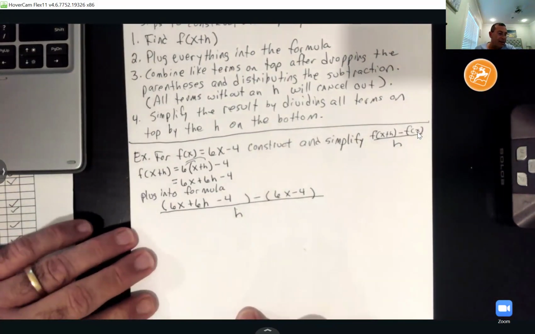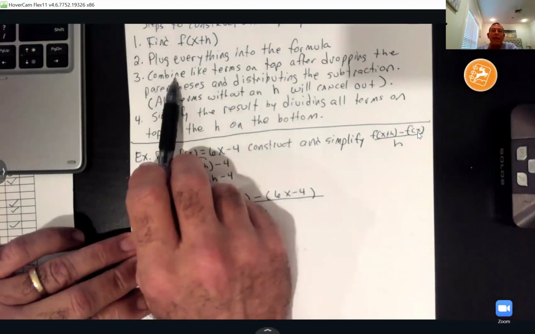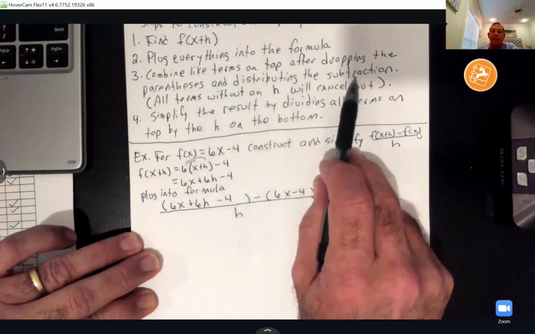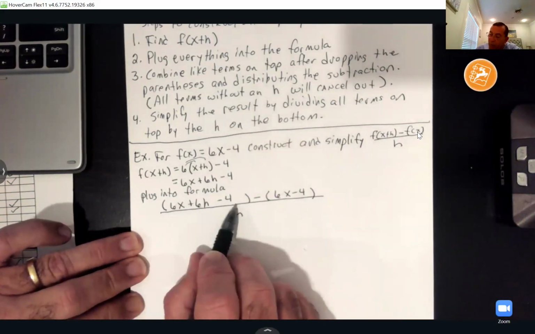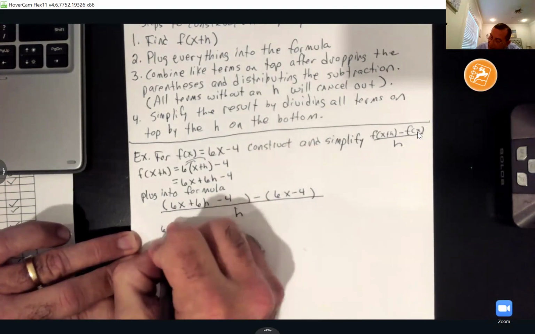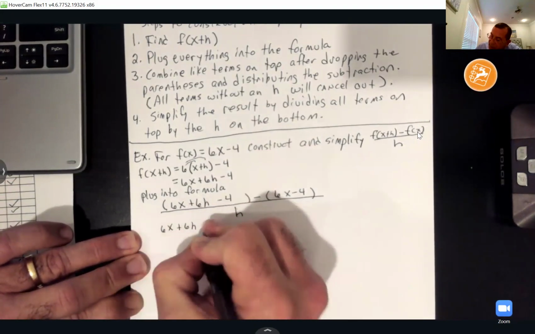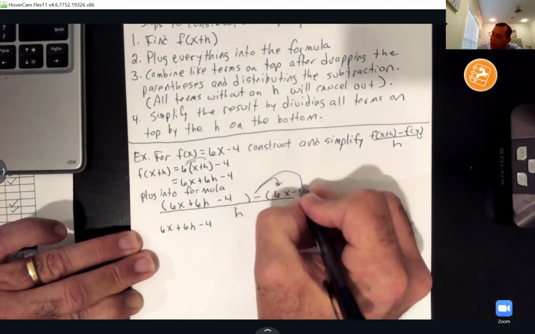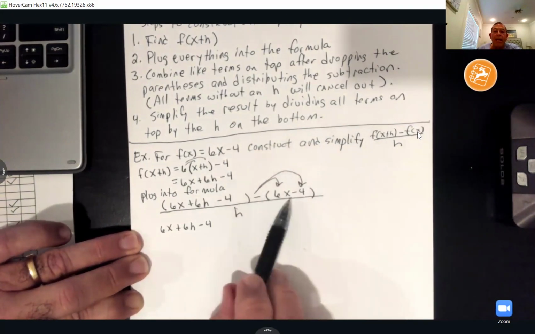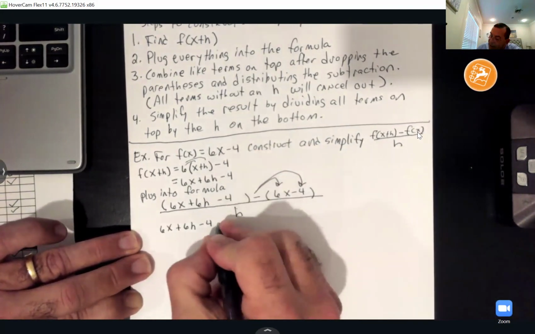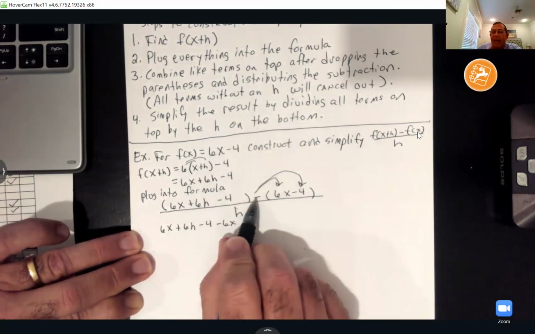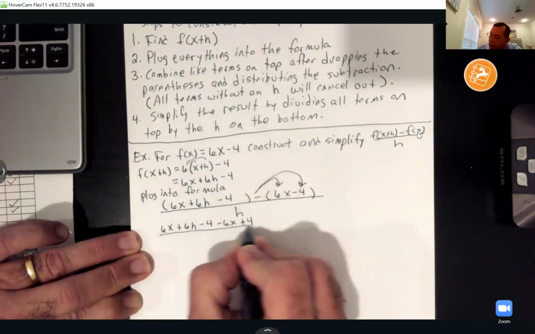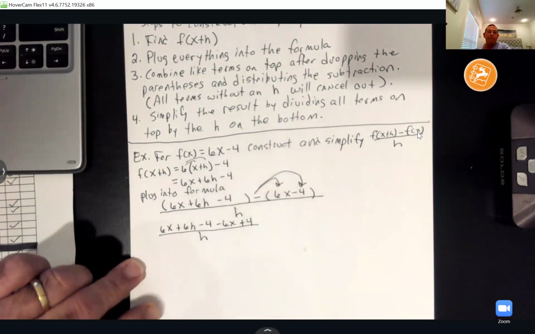All right, y'all, the next step is combine like terms on top after dropping the parentheses and distributing the subtraction. So I'm going to drop the first parentheses. I get 6x plus 6h minus 4. Now here I will distribute that negative. A negative times a positive gives me a negative 6x. And a negative times a negative makes that a positive 4, all over h.